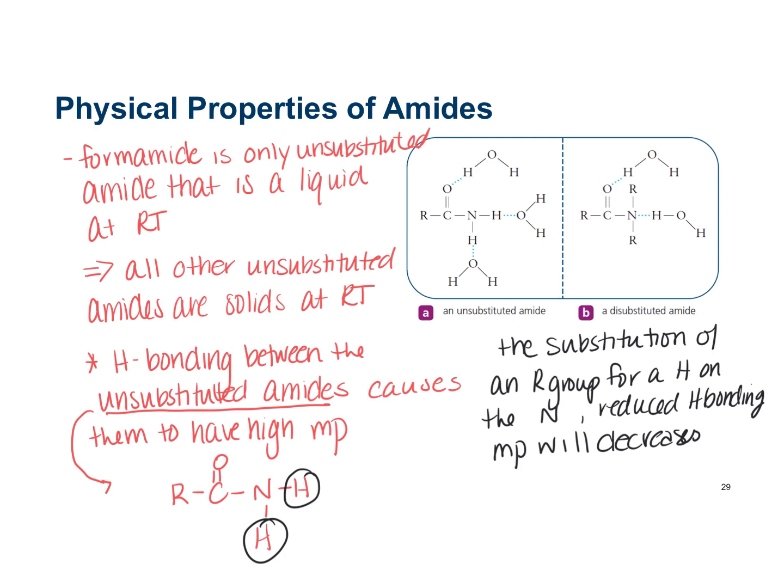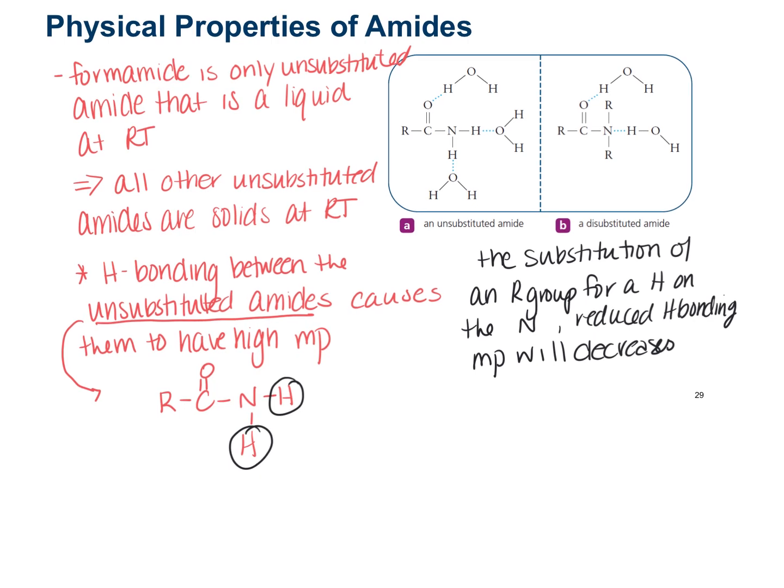Now, amides are rather water soluble, especially those containing fewer than 6 carbon atoms. The solubility results from the ability of the amides to form those hydrogen bonds. So, amides are quite water soluble, right?